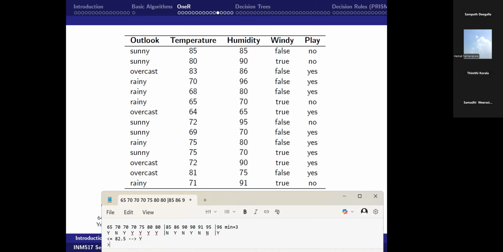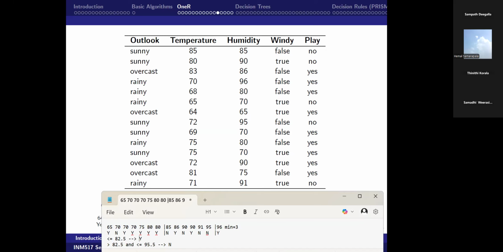Then greater than 82.5 and less than 95.5, we know the majority is no. And finally, if the value is, we'll use the equal sign, if the value is greater than 95.5, then we can say it's yes.